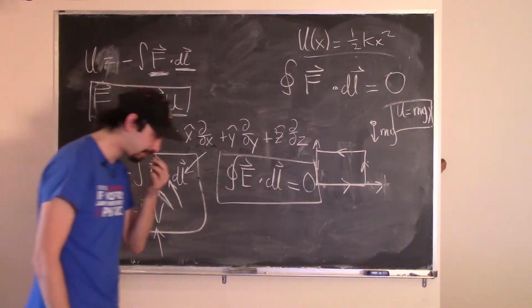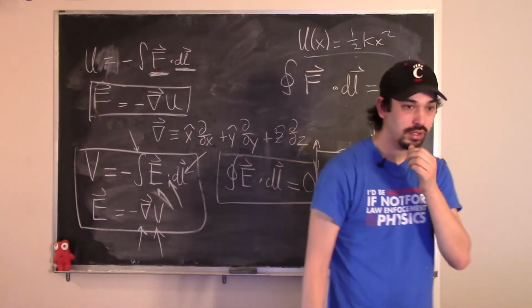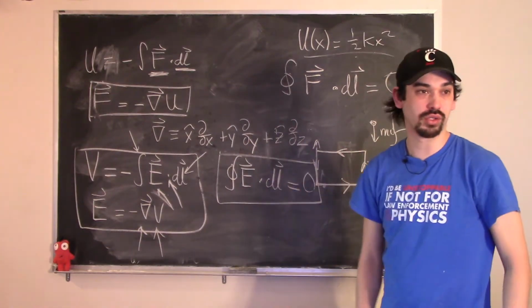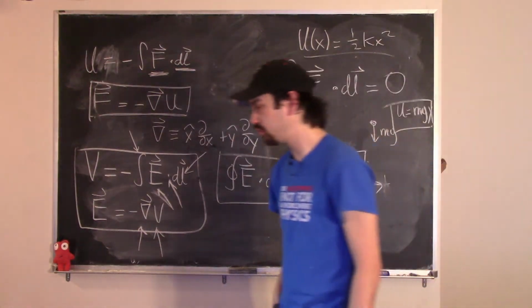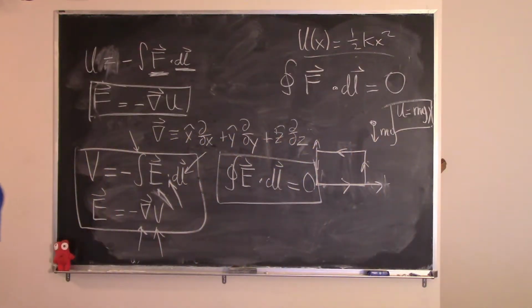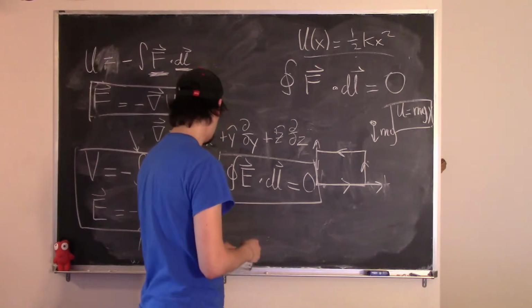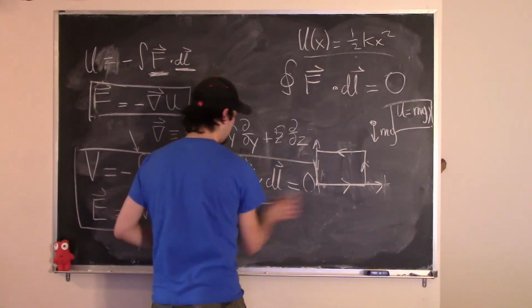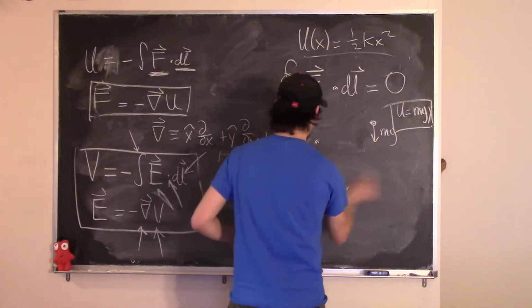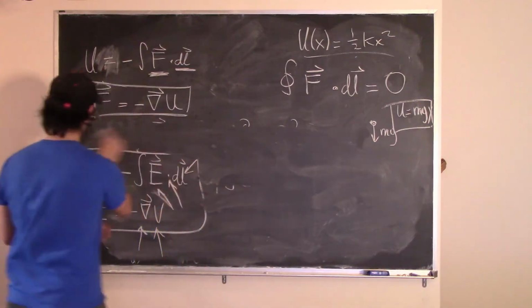Okay. So let's go ahead and move on to the example that I had in the notes, because I think that'll help you with doing the other part of the homework.